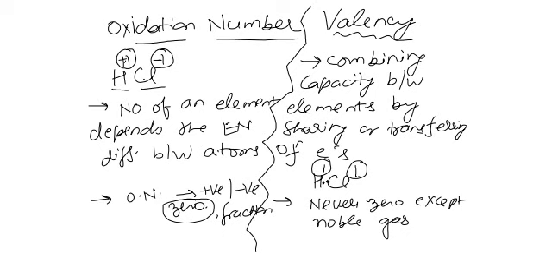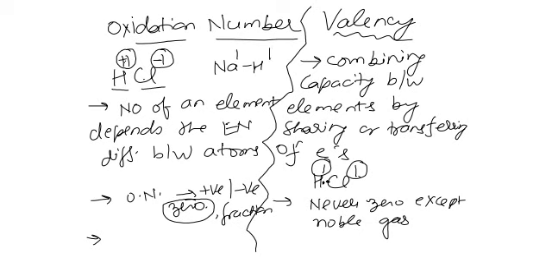Next, oxidation number for the same element may vary. For example, here hydrogen has +1 oxidation number. But when we take NaH, Na is positive and hydrogen is negative, though both valencies are 1.